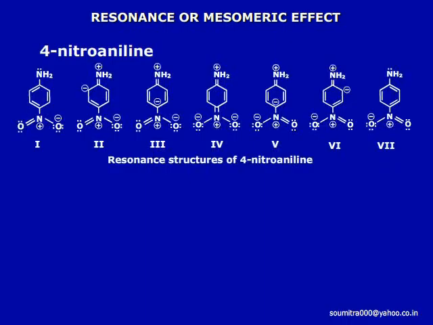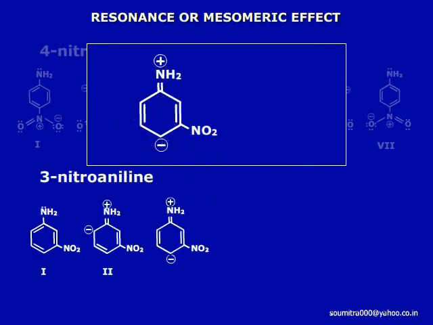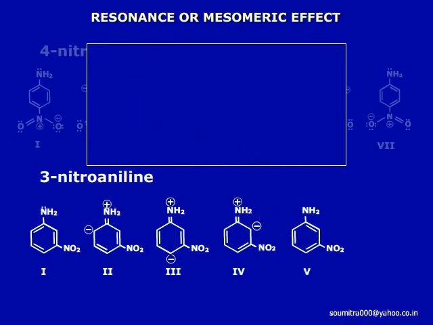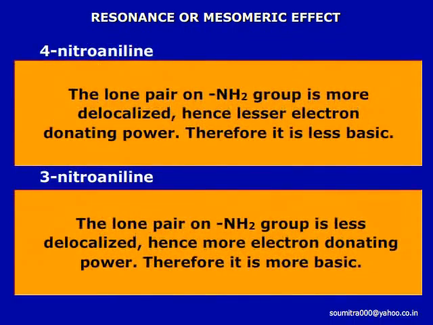This is not possible in the case of 3-nitroaniline. Therefore, 4-nitroaniline is more stable and hence less basic than 3-nitroaniline.